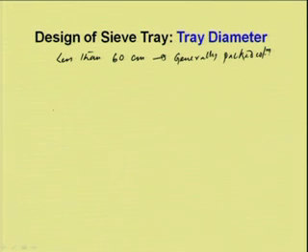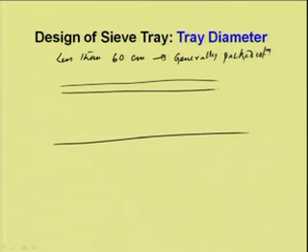So, as we said, there is a relation between tower diameter and the tray spacing. Diameter D_T in meter and spacing T_S in meter.